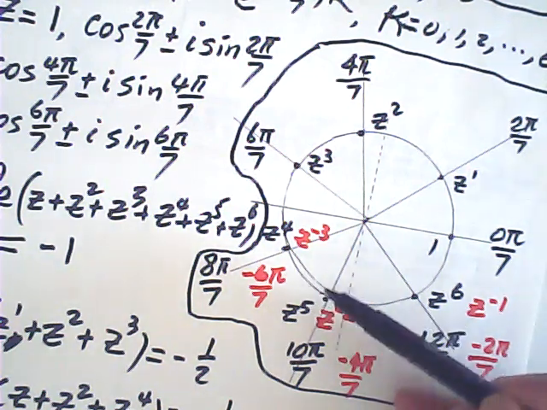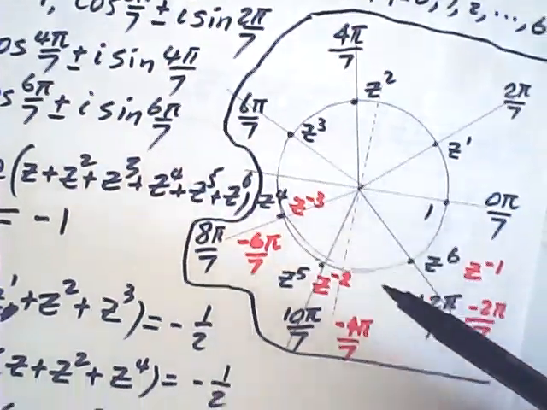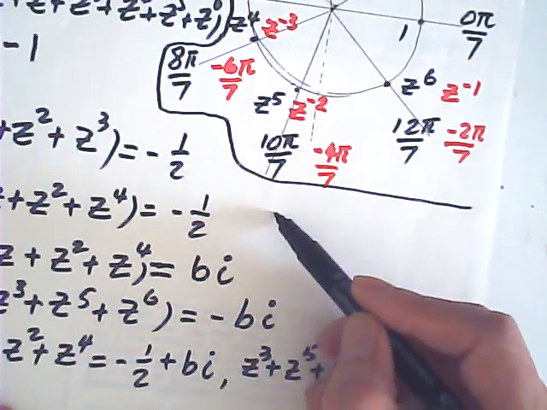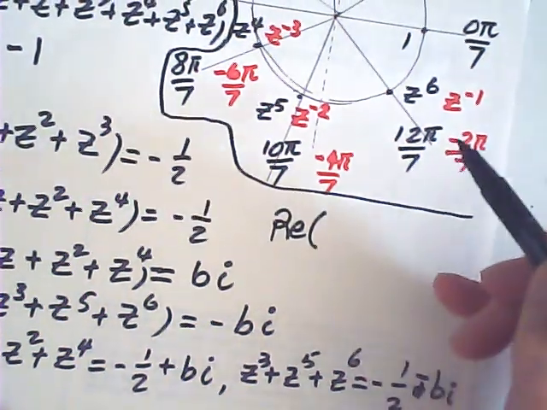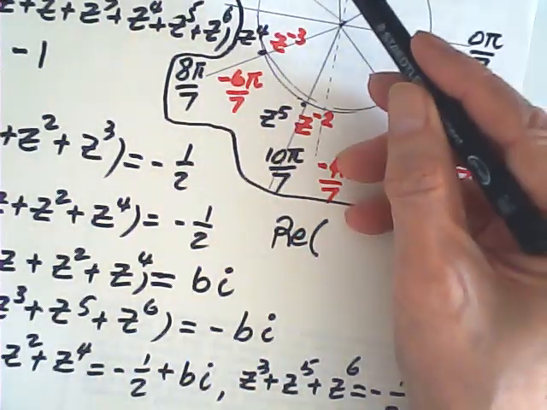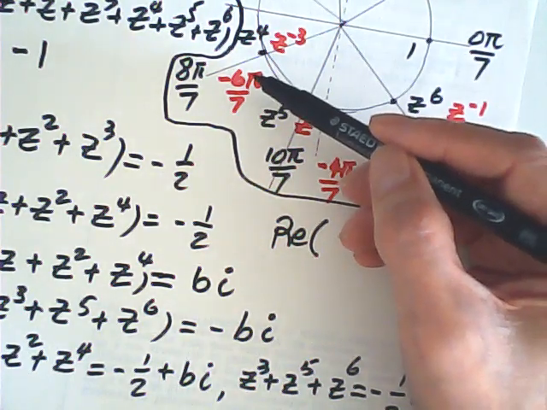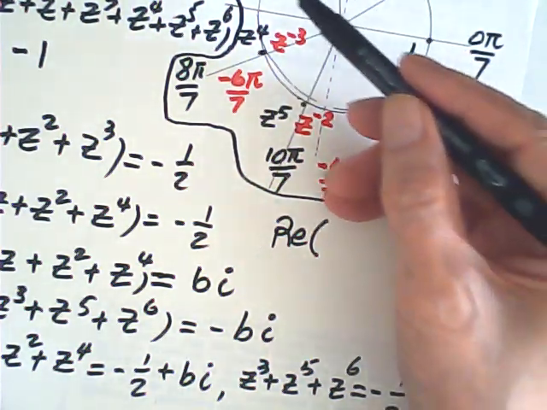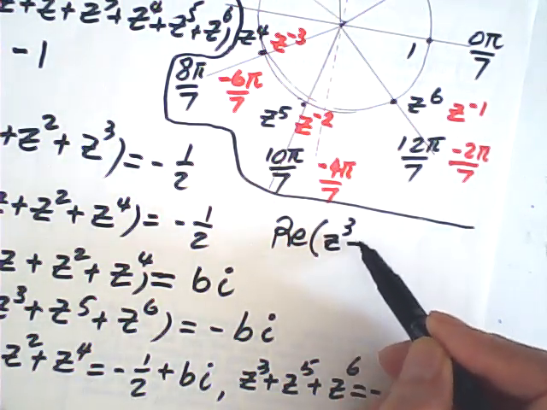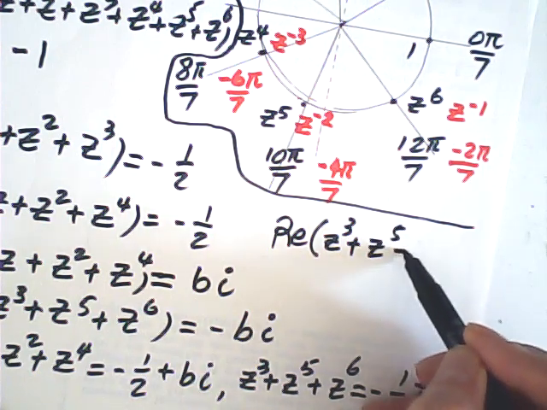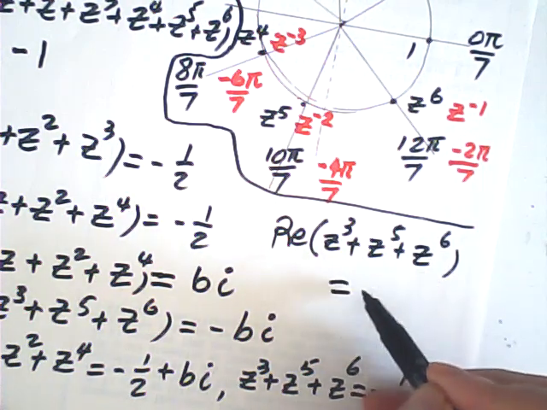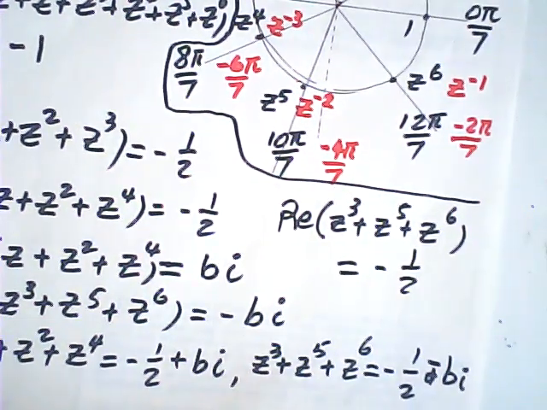So this, the sum, the real part is also. So let me write this one. The real part of z1, z2, z4, the other is z3, z5, z6, is equal to negative half, right?